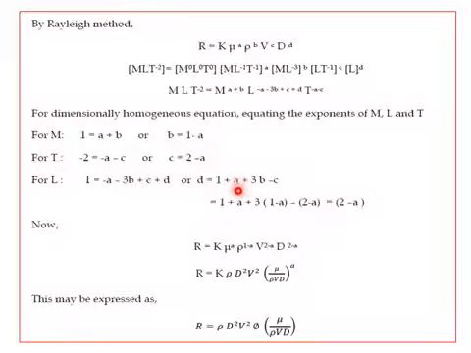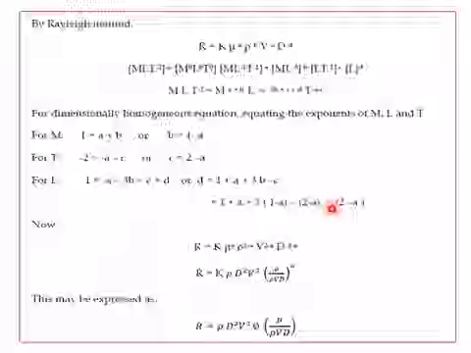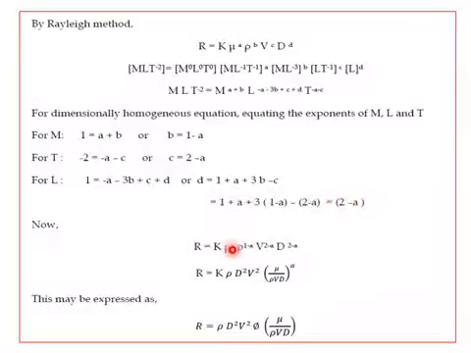Now you keep a as it is, for b you substitute 1 minus a, and for c you substitute 2 minus a. Simplifying this, 1 plus 1 is 2, minus 3a plus 2a is minus a, so it becomes 2 minus a.